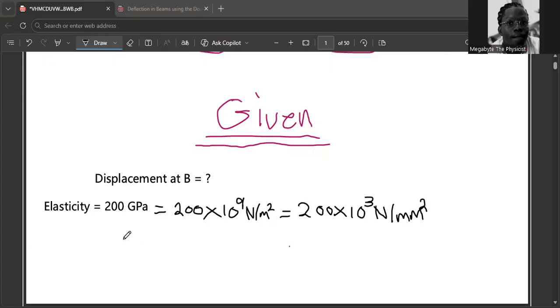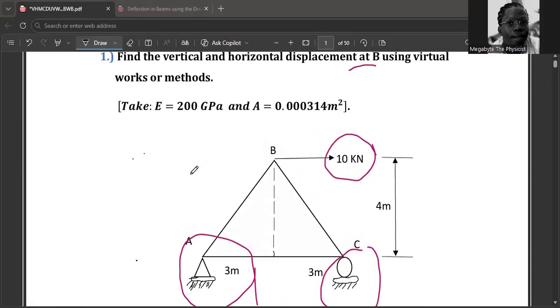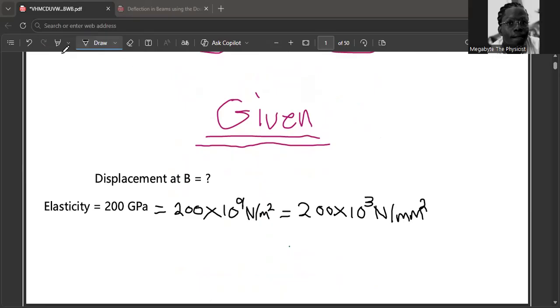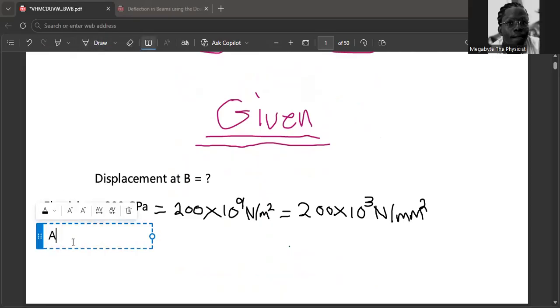Also, our area is given to us as this. So let's quickly put the area down too.